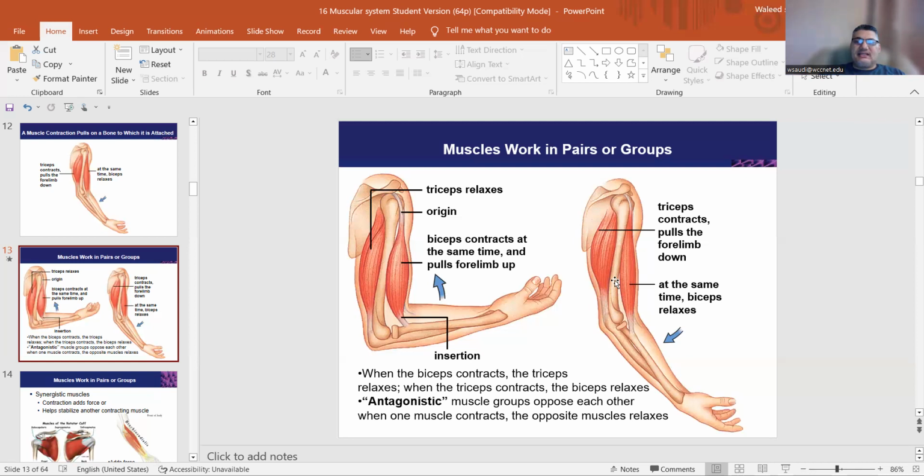We call it synergist. And the one that's doing the opposite is called antagonist. You have to know it. Prime mover, the main one. Synergist, helper, synergy. When you say synergy, meaning support, help. An antagonist is the opposite. Prime mover, synergist, antagonists.